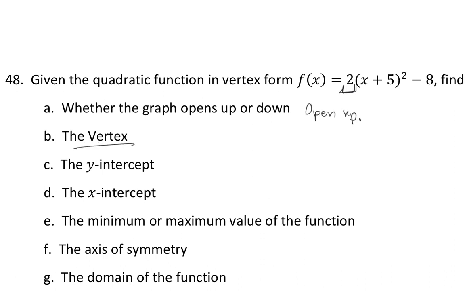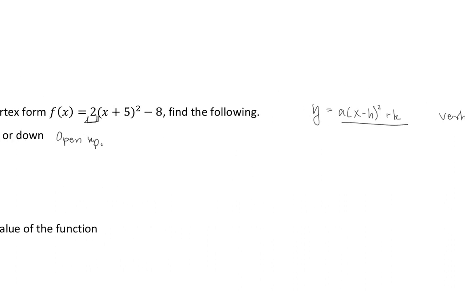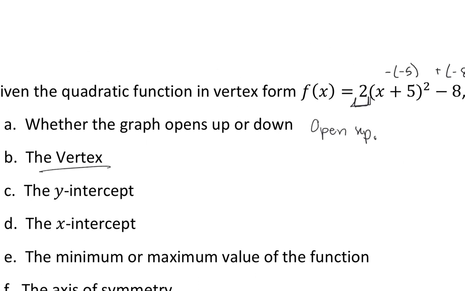Now we want to know the vertex. Looking back at the equation that we have, x minus h, so this is the same as saying x minus -5, plus k. So we can say plus -8, which means that our vertex is going to be at -5, -8. Now for determining the y-intercept, that's just going to be when x is equal to 0, right?